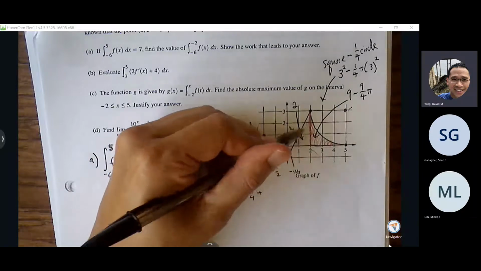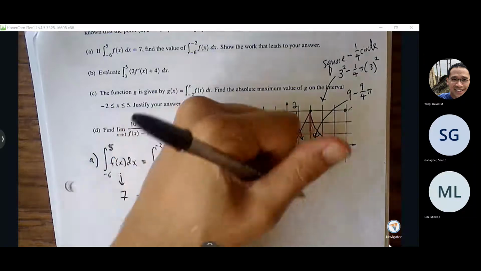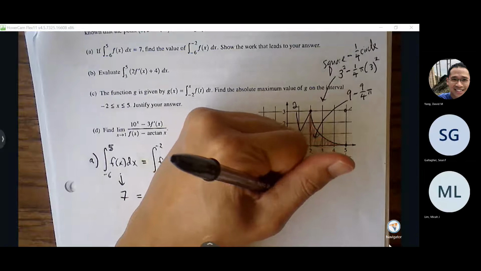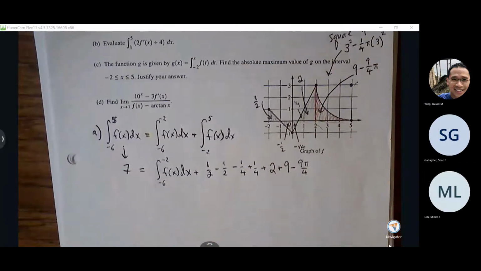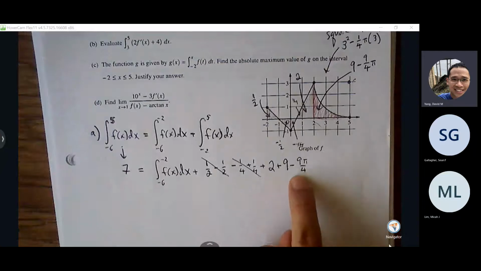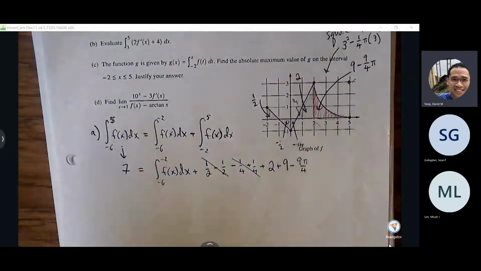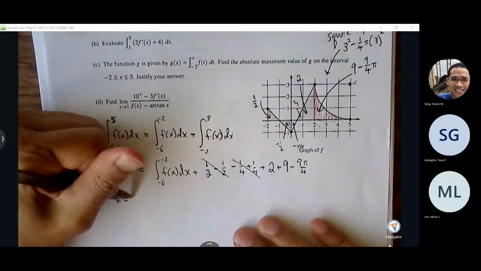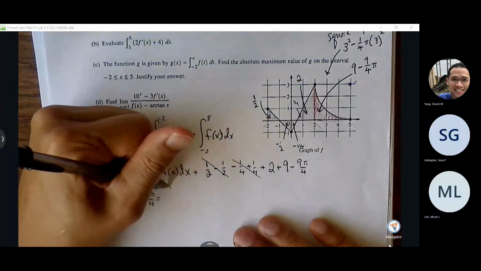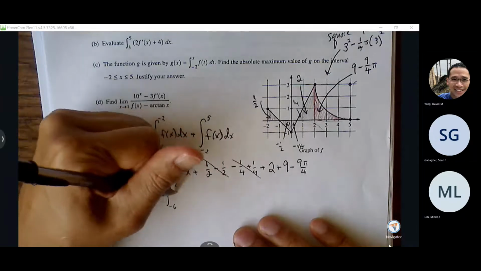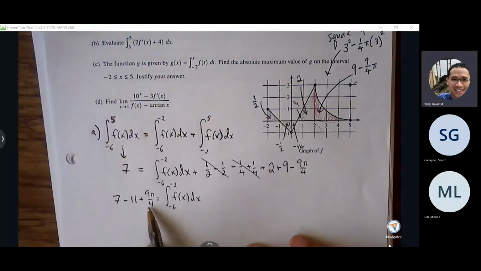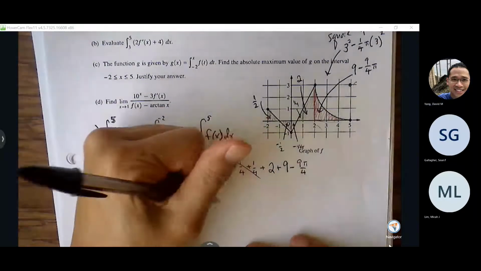This is 1 plus 1, that's 2. A lot of these will cancel out. This is 11 minus 9 pi over 4. I'm going to move it over to the other side. So 9 pi over 4 minus 4.